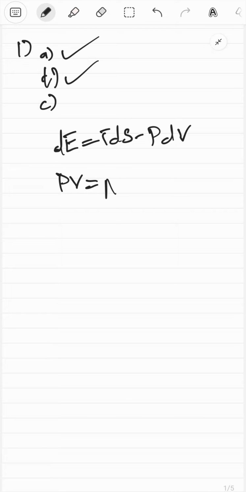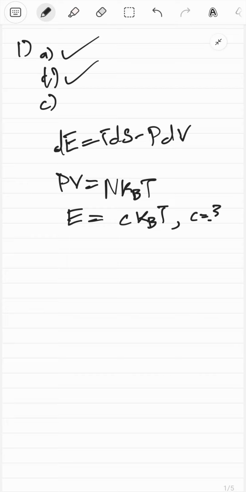But anyway, just have PV equal to N K_B T, and the energy is C times K_B T, and in this case C is 3/2 for a monatomic gas. Okay, so we want to integrate the Gibbs relation. I'm not caring about hints anymore. I'm just going to plug stuff in and see what happens. So we want to find S as a function of temperature and volume, just my choice of variables.